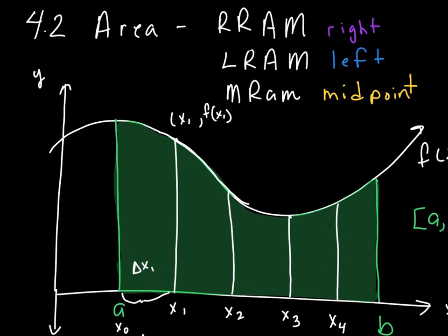If I want to go from the right-hand side for my rectangle, what that means is I would be drawing my rectangle from here. And this would be the rectangle that I have. Now that changes the different height I'm looking for.